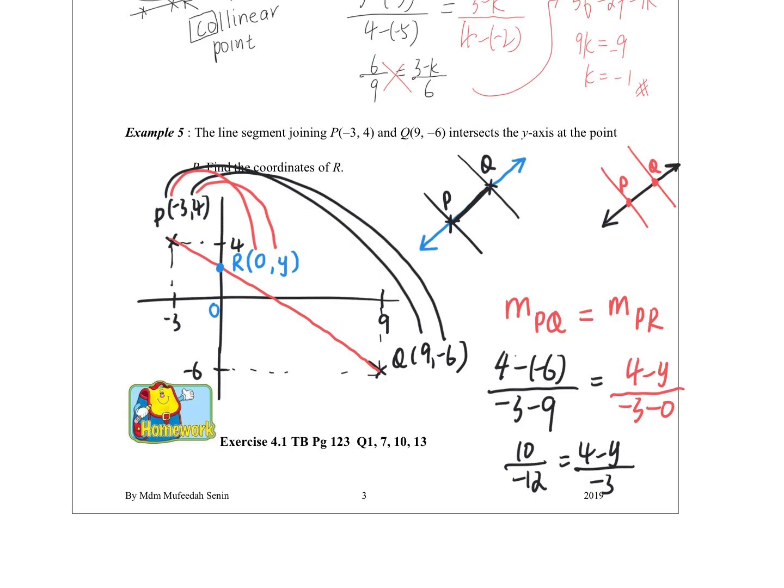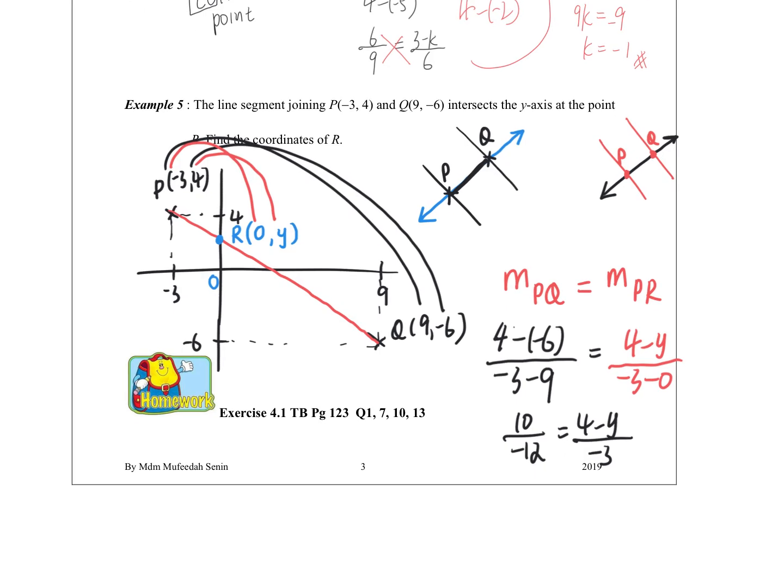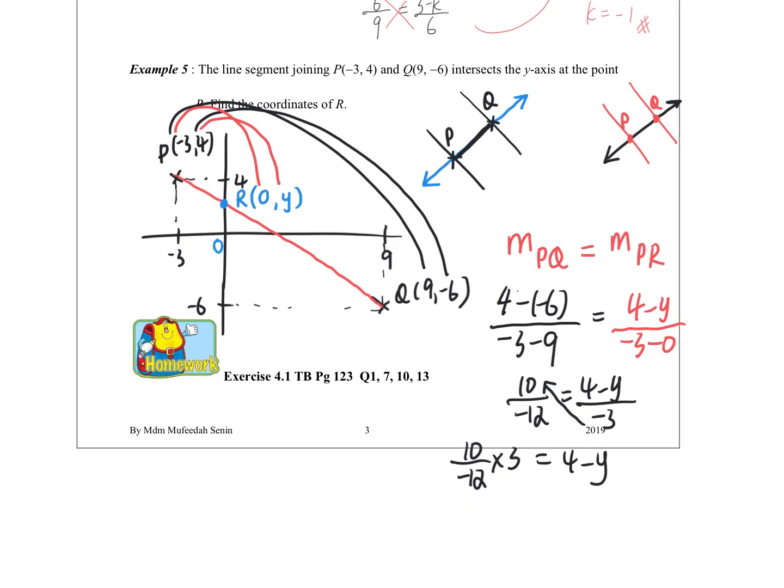Then you cross multiply and solve. If you don't want to do both crossing, you can just multiply the 3 over. So it's 30, correct, right?